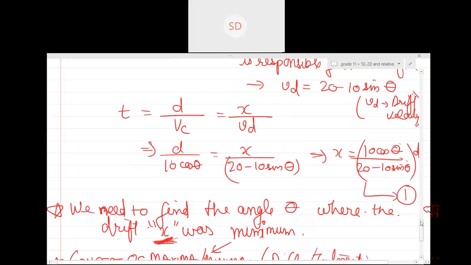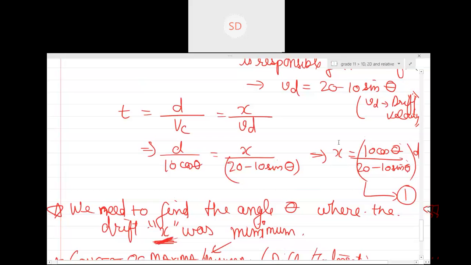Yes, sir. So theta is a variable. We don't know the value of theta. So the only thing which we could obtain is basically x as a function of theta. So if we change the value of theta, let's say theta is 30 degree, then x will be something. Then if I put theta equals 45 degree, then x will be something else, right? Are you getting my point? So on changing the values of theta, sir, yes.